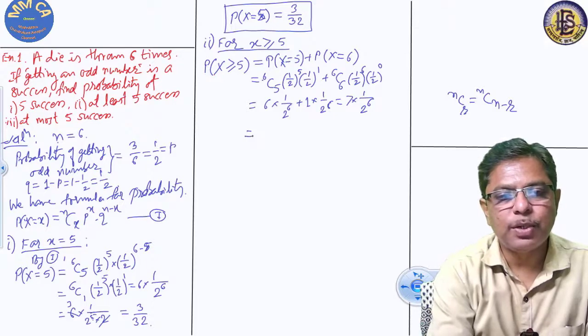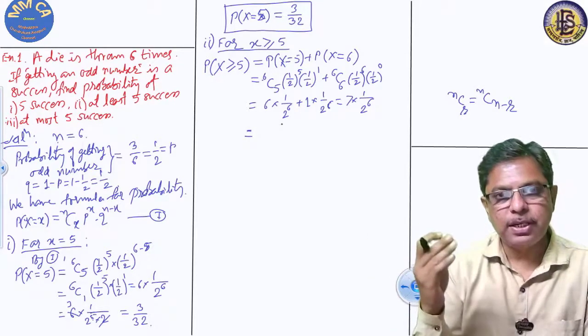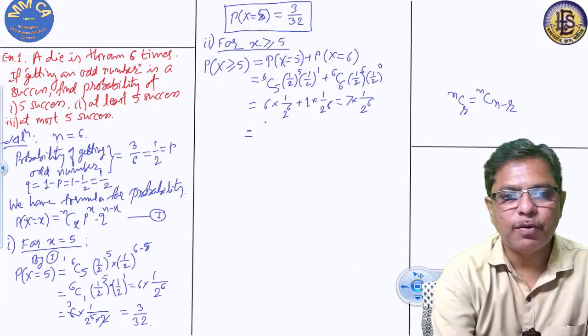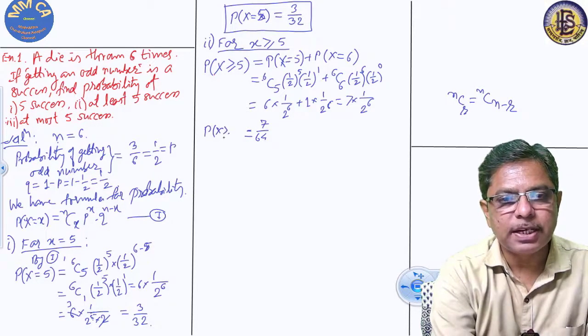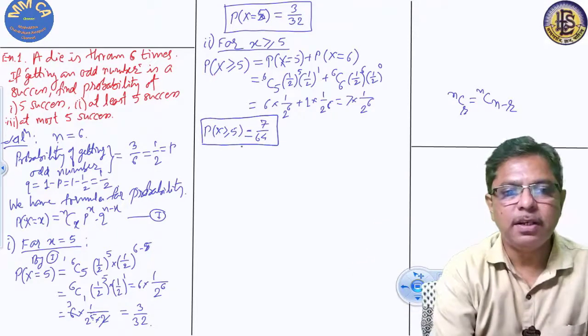And 1/2 raised to 6 will be 2 raised to 3 into 2 raised to 3. It is 8 into 8, 64. So 7 by 64. Probability of capital X is greater than or equal to 5. This is the answer of the second sub question. And now we'll go for the third.